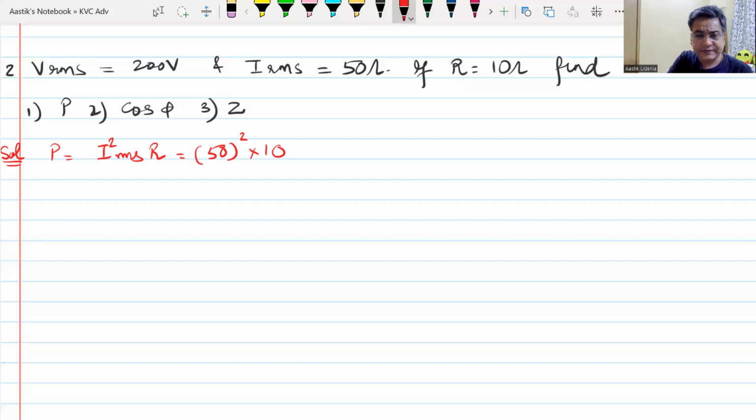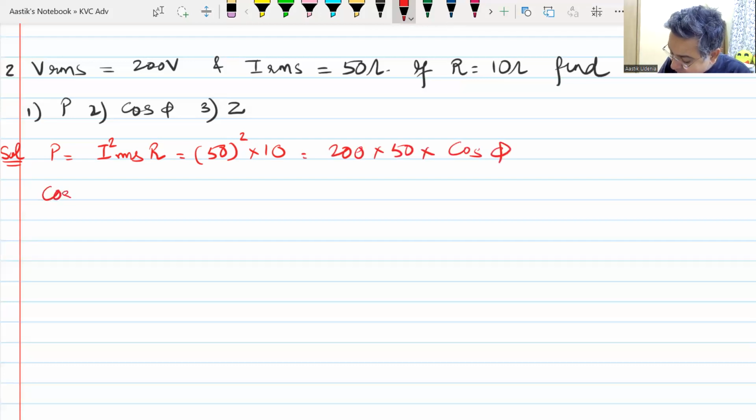Correct. From that we can find it. So this is again equal to 200 multiplied by 50 multiplied by cos of phi. From there you will get the value of cos of phi.